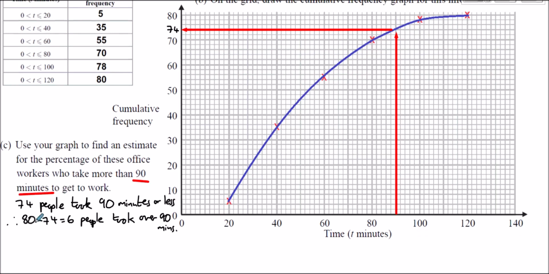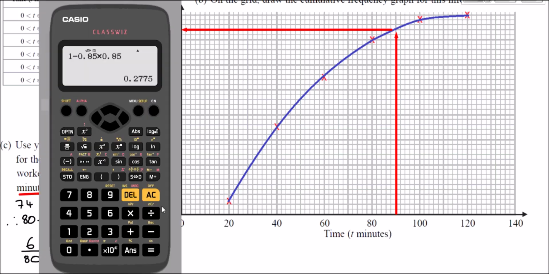So 6 out of 80 is the proportion that took over 90 minutes. To change from a fraction to a percentage, we multiply by 100. So 6 over 80 multiply by 100. That gives us 7.5%.